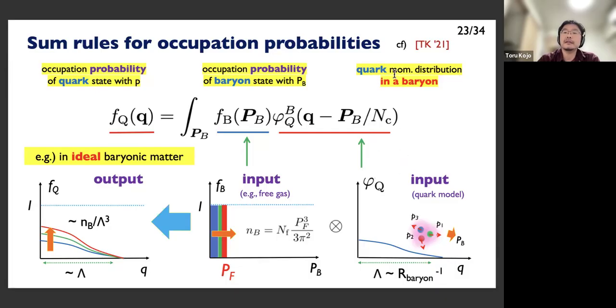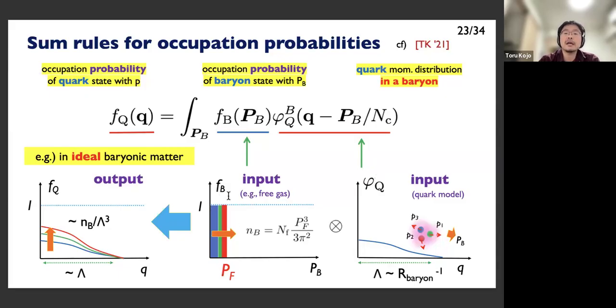The first ingredient is a quark momentum distribution or wave function inside of a single baryon. And this kind of information can be derived by solving a three-body problem for a single baryon. So this is doable. Meanwhile, another important piece of information is how baryonic states are occupied.